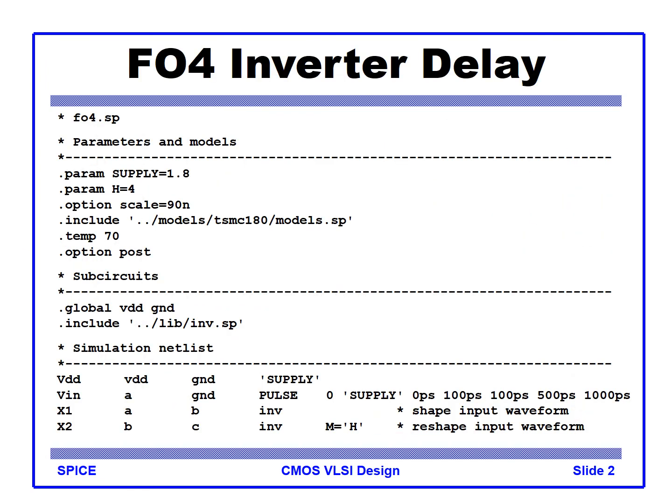This is the fan-out-of-4 inverter delay calculation by stack. So we want to construct, starting from the pulse generator, the PWL pulse generator, and then the unit inverter here, X1, and then the fan-out of H. For example, with parameter H equal to 4, it is F times 4, and the additional times 4, and additional times 4, 64, right?